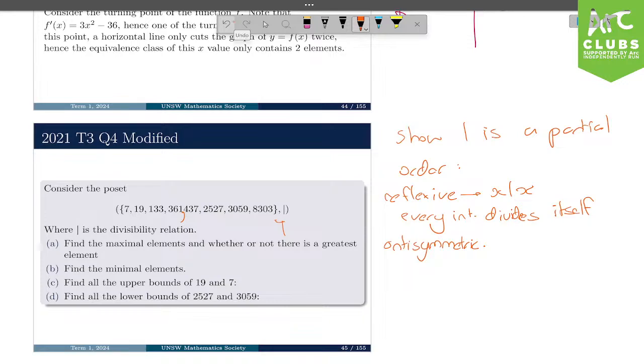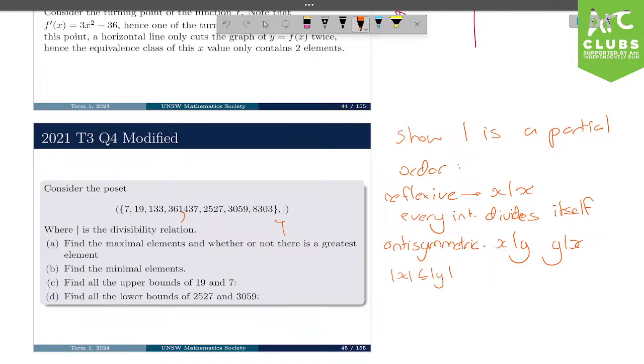To show it's anti-symmetric, if we have that x divides y, and y divides x, we note that, for simplicity's sake, the absolute value of x is less than or equal to the absolute value of y, since x divides y.